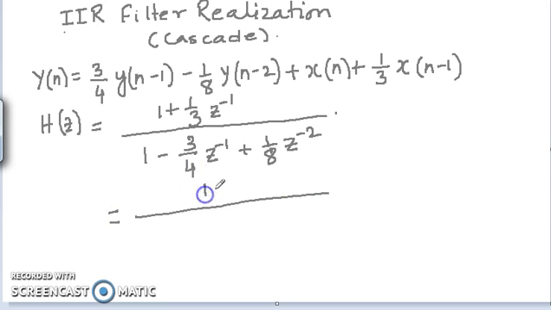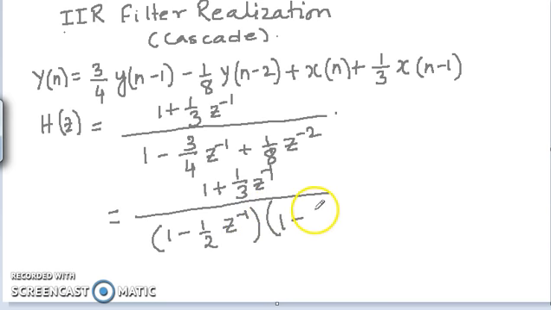The numerator will be 1 by 3 z to the power minus 1 plus 1, and if you break the denominator, two factors will appear: 1 minus 1 by 2 z to the power minus 1 and 1 minus 1 by 4 z to the power minus 1. So these will be your two factors.